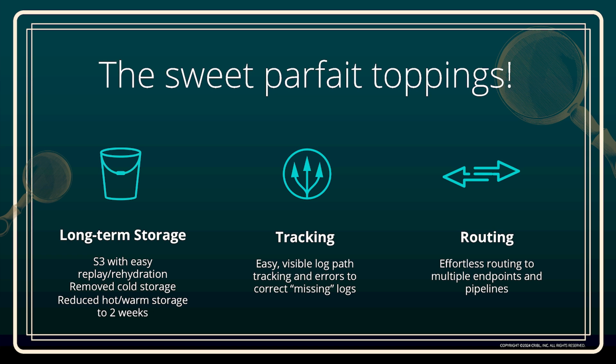And then I think the icing on the cake, or the topping on the parfait at the very top, is routing to multiple environments. In our previous layout that was difficult. We basically had to re-ingest or have different layers for Fluent, taking out of that Kafka and putting it in different places. Now we can use routes.